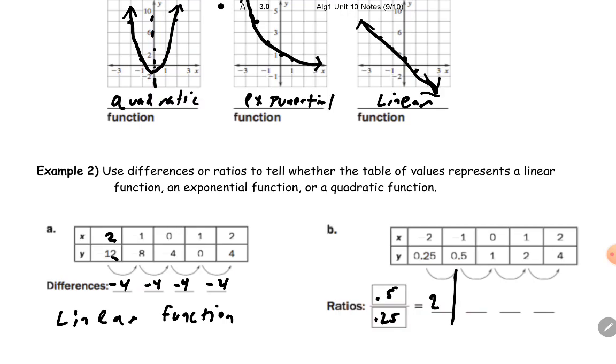The ratio of 0.5 over 0.25 is 2. The ratio of 1 over 0.5 is also 2. 2 divided by 1 is 2, and 4 divided by 2 is 2. So I'm just taking the next number divided by the previous number. So all these ratios are the same, so therefore this is an exponential function.